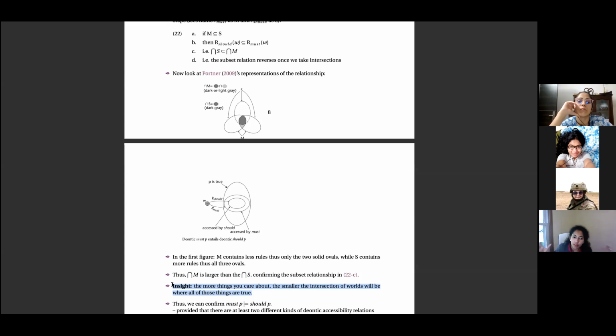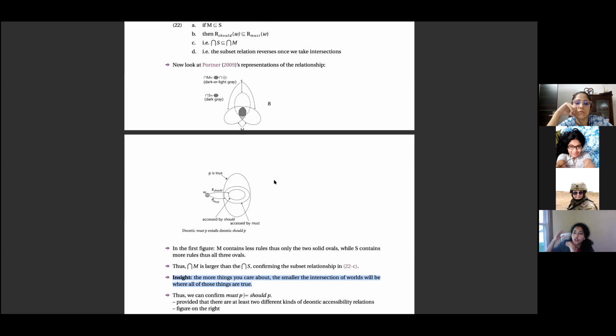If you have more and more things to make true, then you have a smaller and smaller set of worlds where all of that will be true. So since must has less things to make true than should, therefore the intersection leads us to a bigger circle than should. Okay. And this is how the weakness of should falls out. So you have a smaller set of worlds that is accessed by should than by must.